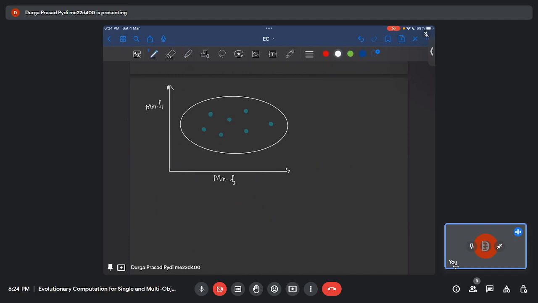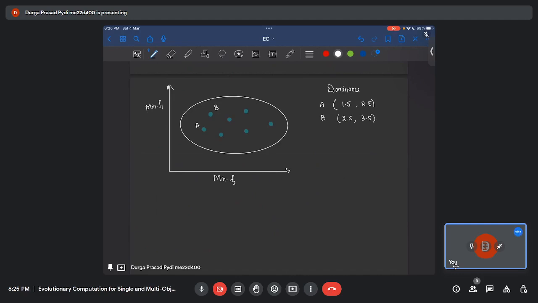The first concept we come up with is what you call a Pareto front, but before that we will start with something called dominance. Dominance is essentially like, say, in f1 and f2, I have one solution, point A, having a value of 1.5 and 2.5, and another point B with a value of 2.5 and 3.5.